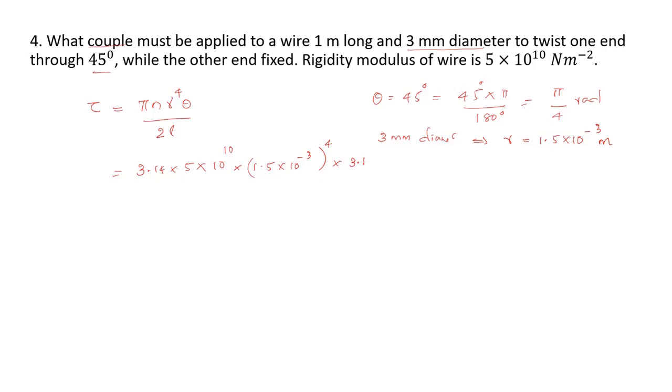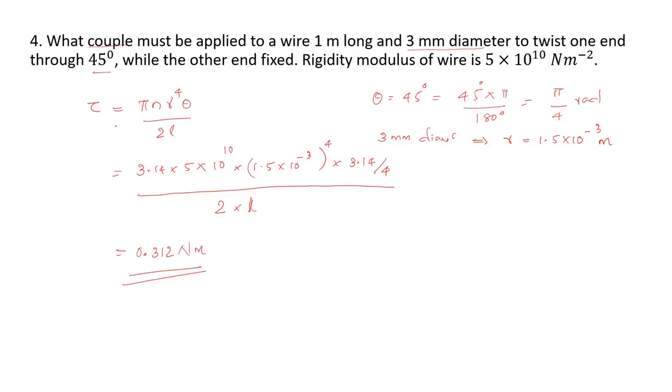So 3.14 divided by 4, and the whole answer divided by 2 into length, which is given as 1 meter. So let's solve this equation, and on solving we will get the answer as 0.312 Newton meter. So this is the couple that must be applied to the wire.